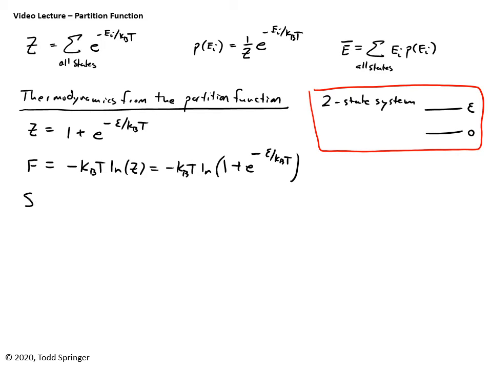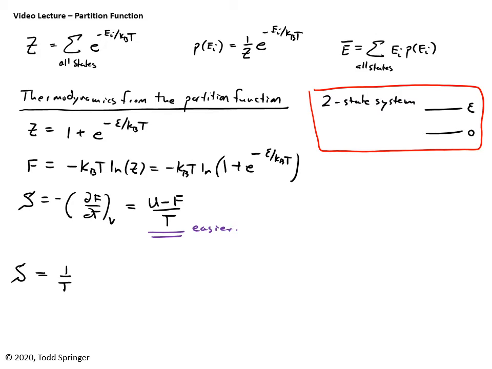Now to calculate the entropy S, I could do it two ways. I could take the derivative dF/dT at constant V with a minus sign, or I could use the definition of F to write it like this, which was S equals u minus F over T. I think the second one is easier in this case because I already know u. So what is my entropy? Entropy of this system is u over T, which we calculated on the previous slide.